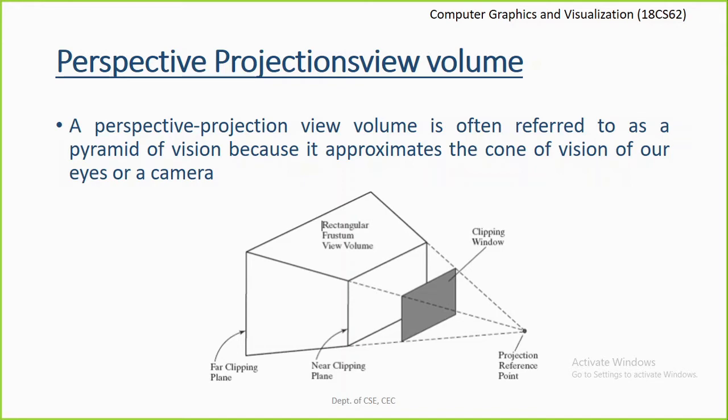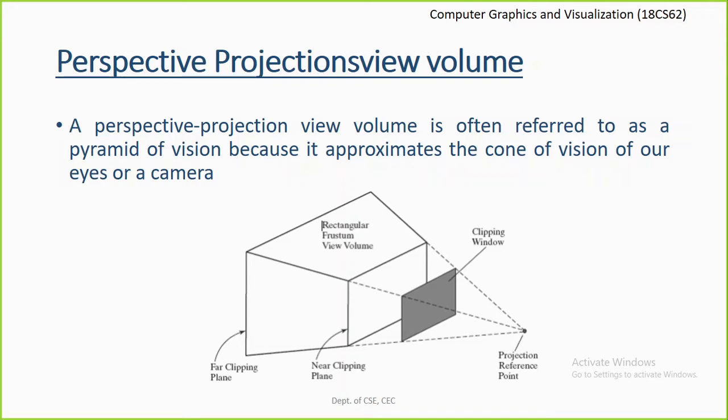Our human eye is basically restricted to a given field of view. Including the peripheral vision, the field of view of the human eye is around 128 degrees. Whatever objects are lying beyond this angle cannot be captured by the human eyes until we turn the head, right? That is the concept behind the perspective projection view volume here.